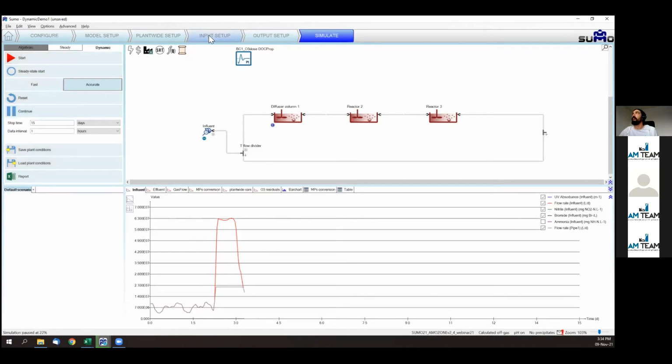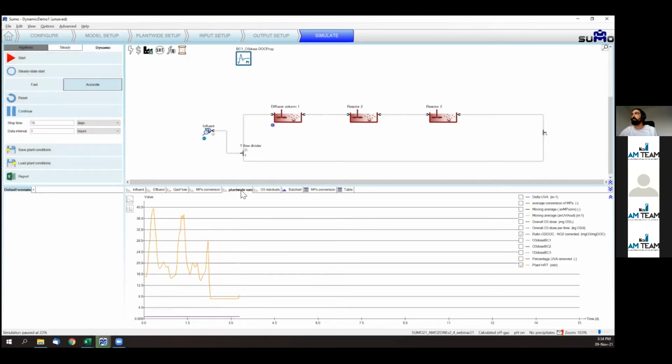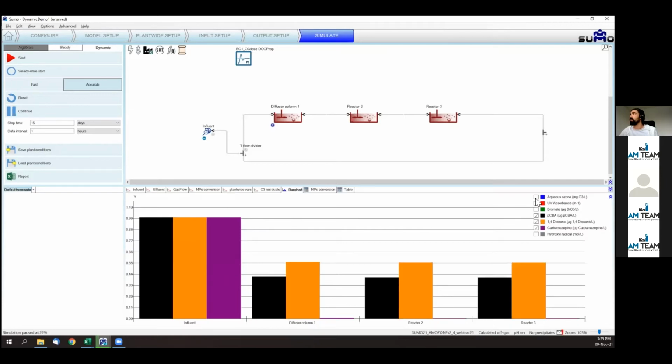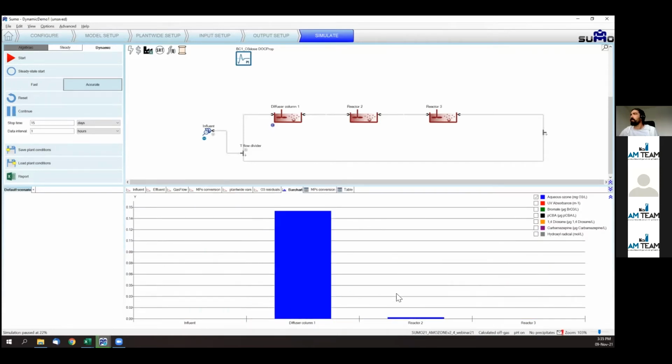So what if at this point we decide, okay, we have some room with HRT, what about reducing the installation? But how about our residuals of ozone? Now, if we look at the residuals of ozone, we already see that at reactor 2, we don't have any, even though we have a big flow coming through, and reactor 3 actually is not in use.